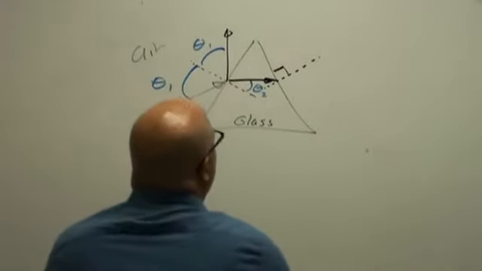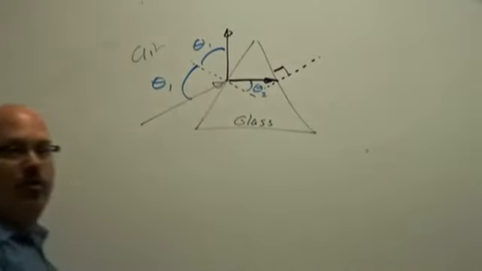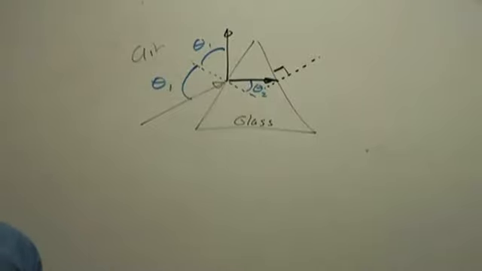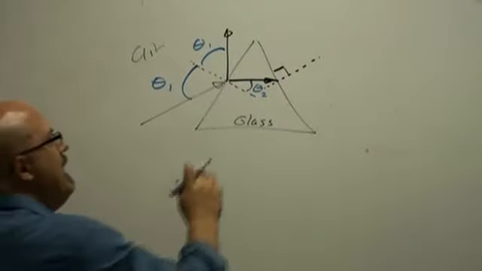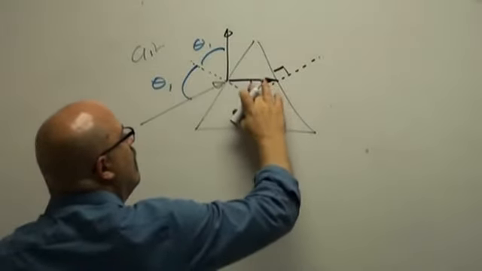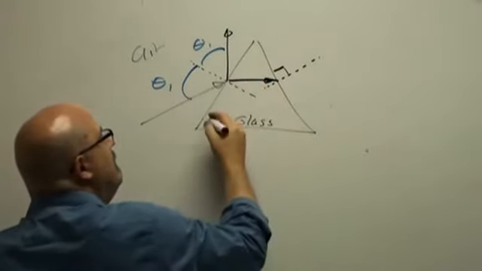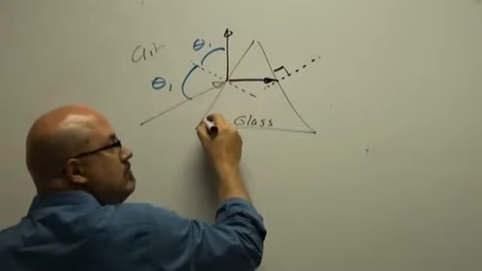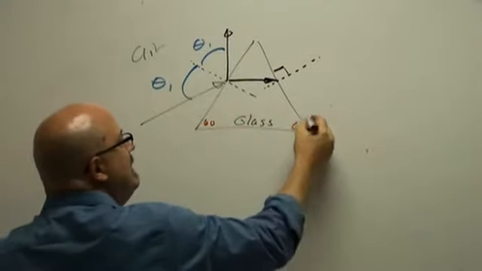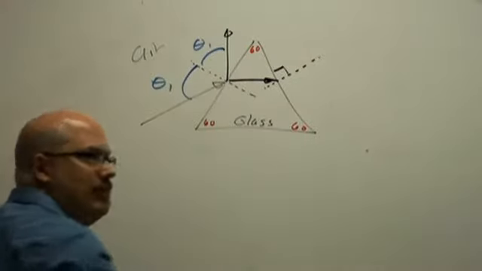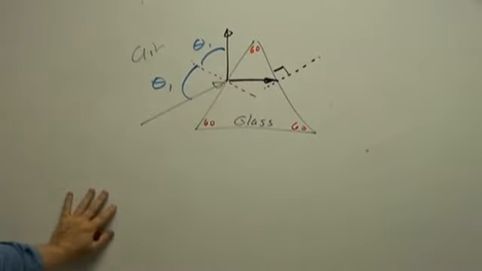And so now I need a new angle. Now here's where the math gets ugly. So let's go through the math. I'm going to make up an angle. Let's say that this is 60, 60, 60. Would that be right? Equilateral triangle.